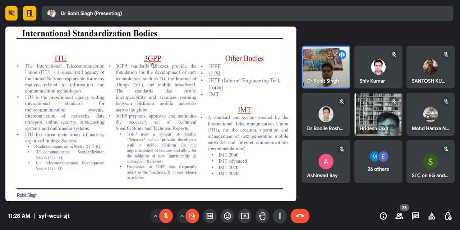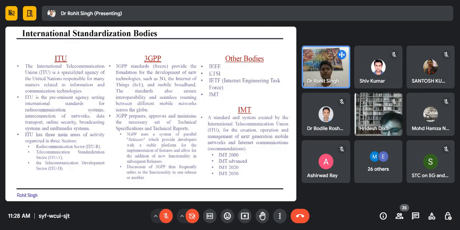Next, coming to 3GPP, as I told earlier, it is the most recognized organization, an umbrella. ITU is also one of the most recognized organizations. ITU is an umbrella where we sit together and try to formulate some standards. For example, every 4 years we have a World Radiocommunication Conference, WRC.